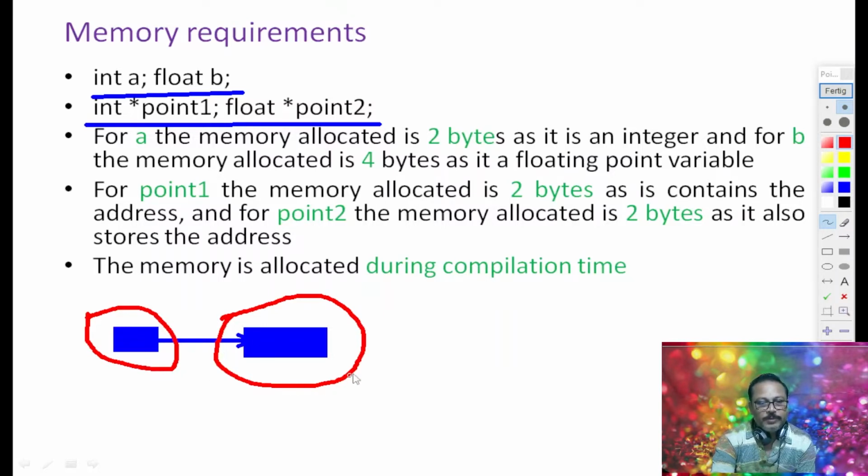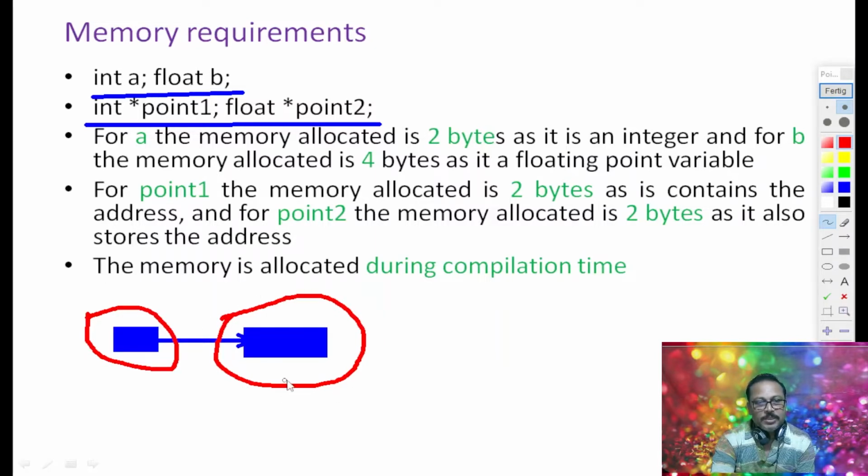Whereas for the pointed-to variable, it depends on the data type to which the pointer is pointing. If it is pointing to integer, then it may occupy 2 bytes. If it is pointing to float, then it may occupy 4 bytes. This memory can be allocated even during runtime, or dynamically.